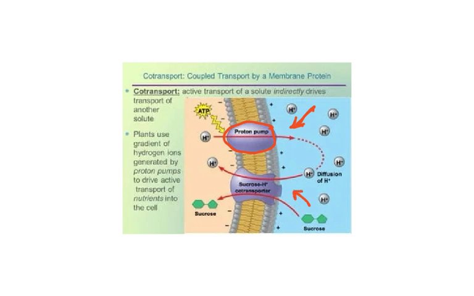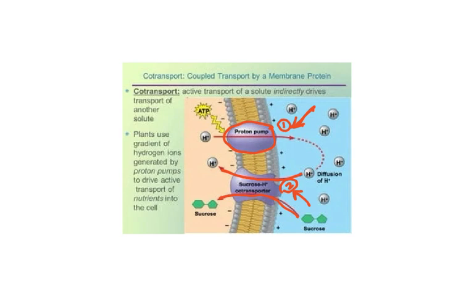So the hydrogen ion, when it diffuses back, it brings along with it sucrose. So one proton pump and the second co-transport protein. So co-transport, active transport of a solute indirectly drives transport of another solute. Plants use the gradient of hydrogen ions generated by proton pumps to drive active transport of nutrients into the cell.